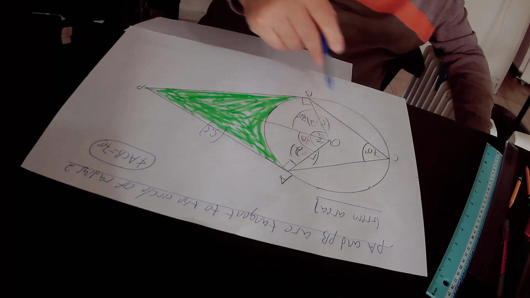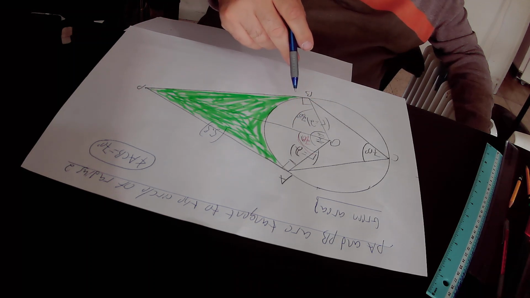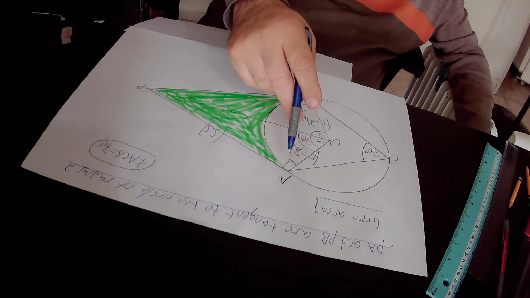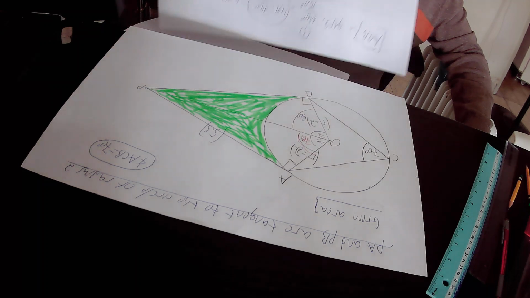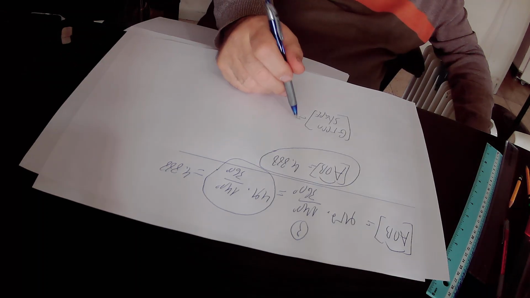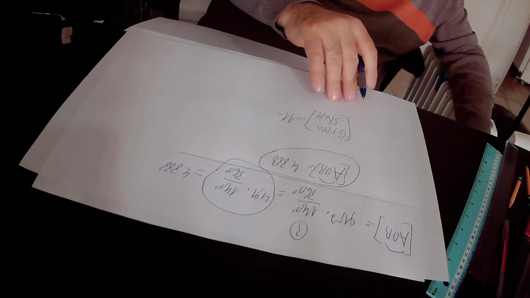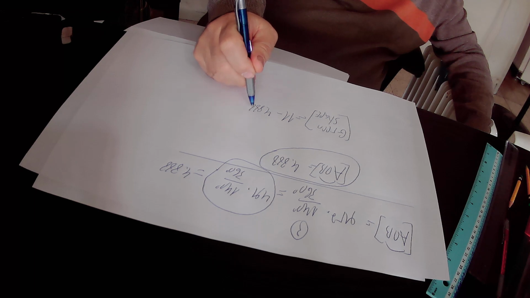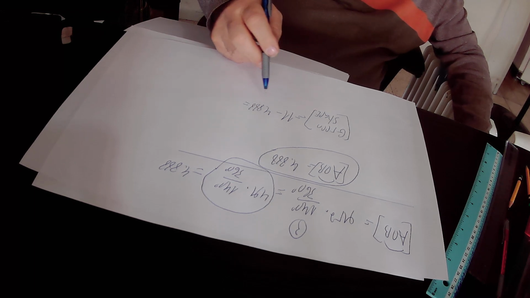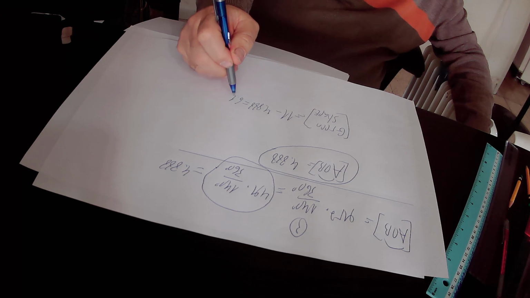So 11 is the area of this quadrilateral AOBP minus the area of sector AOB, that is 4.888 square units. And 11 minus 4.888 is 6.111.